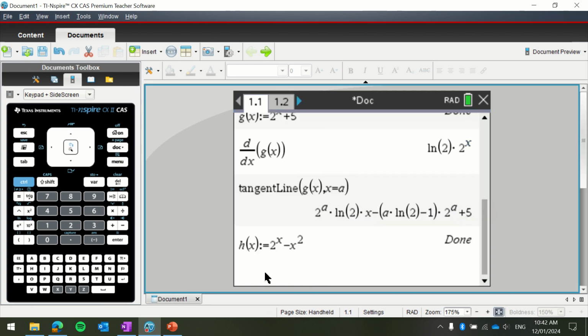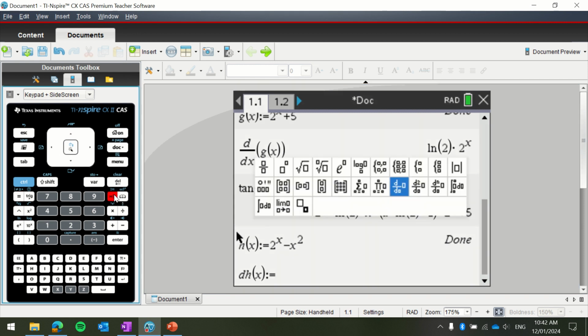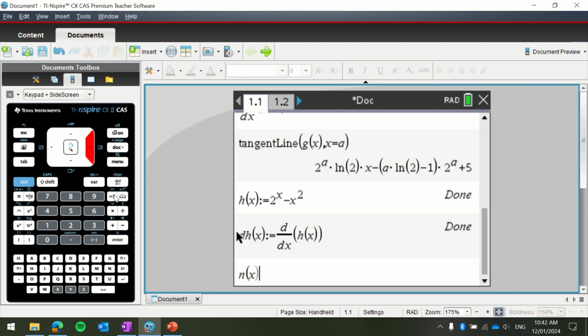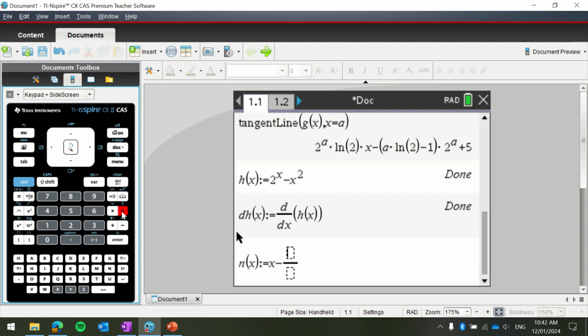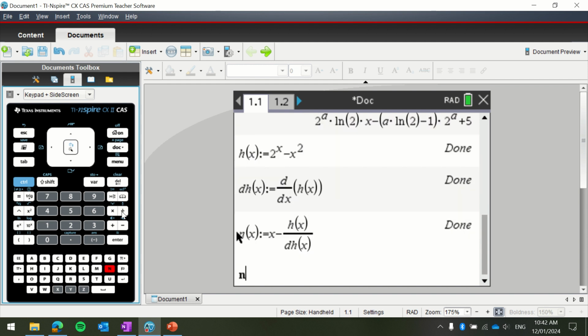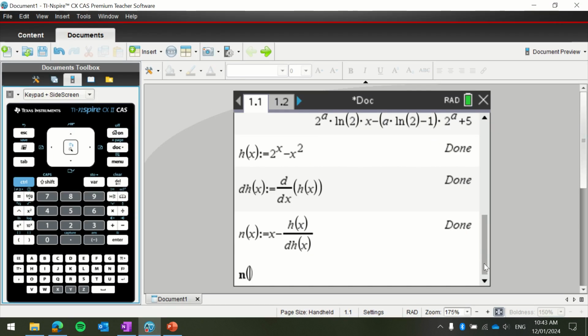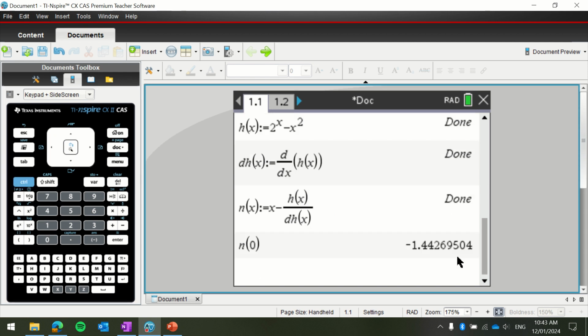So I'm going to define a derivative of h, and then Newton's method, x minus h over dh, and then I can use Newton. 0 comes first, so that's the first thing I write down.